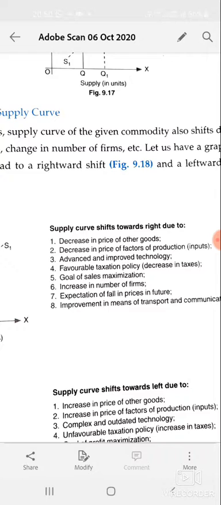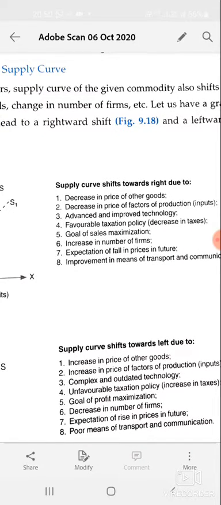Increase in the number of firms: if there were only 2 firms earlier and now there are 100 firms, the 100 firms will supply more than the 2 firms, so supply will be increased. Expectation of a fall in price in the future: if there is a chance that the price will fall in the near future, then the supplier will sell more now.